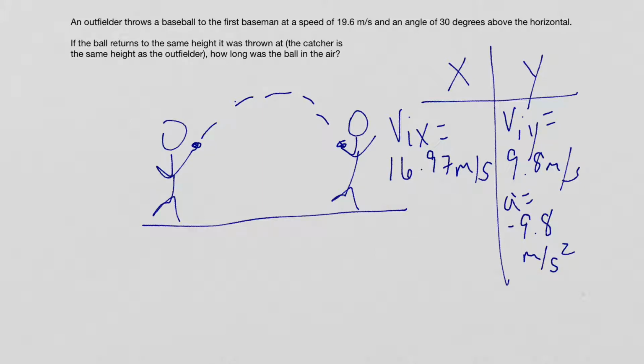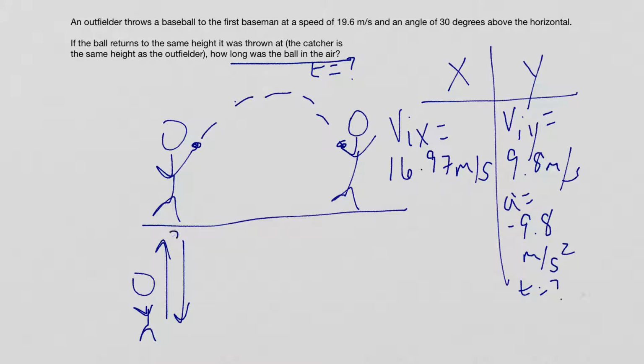Because this right here is the time. T is equal to, I don't know. So, if you remember from when we did free fall problems, we had a problem where somebody had a ball and threw it straight up, and then it came straight back down.